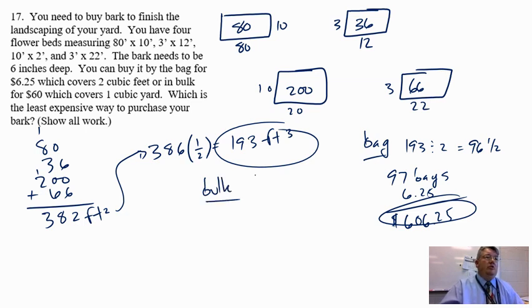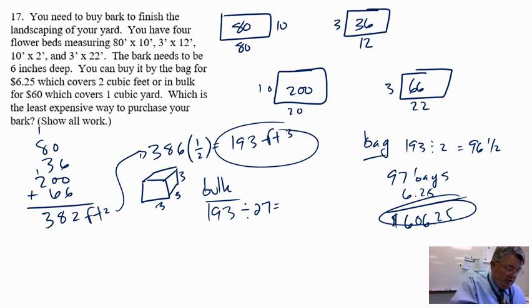Now, if I buy it in bulk, I need to convert this into cubic yards, right? Well, if I divide this by 27, and I get the 27 from multiplying 3 by 3 by 3, or 27 cubic feet in a yard, 193 divided by 27 gives me 7.15 cubic yards.